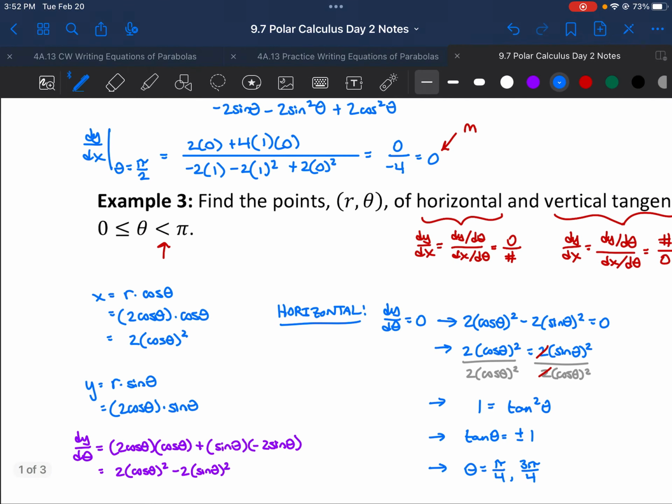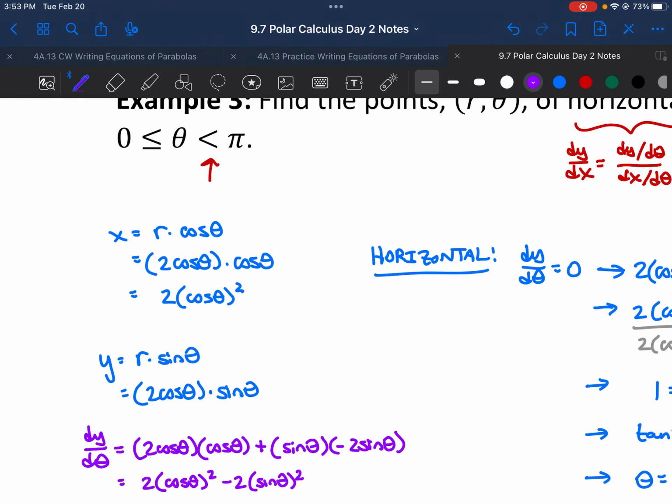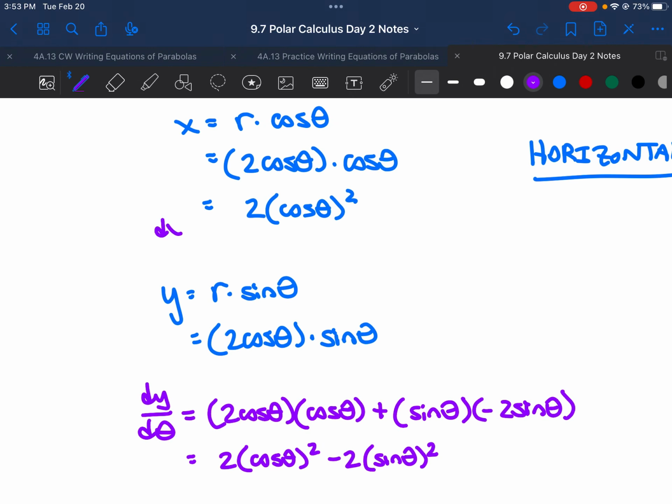All right, well, let's go ahead and figure out what dx/dθ is going to be right here. So the derivative of 2 cosine θ squared, again, this is going to be chain rule with power rule. The outside function is stuff squared. The inside function is cosine θ.